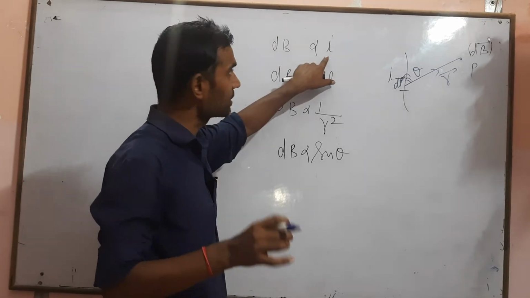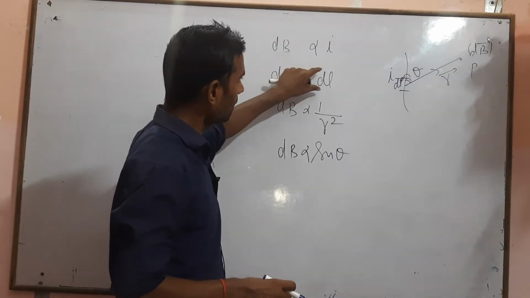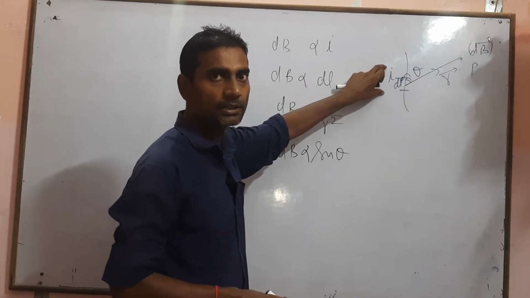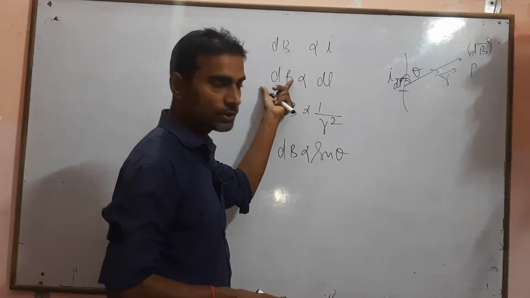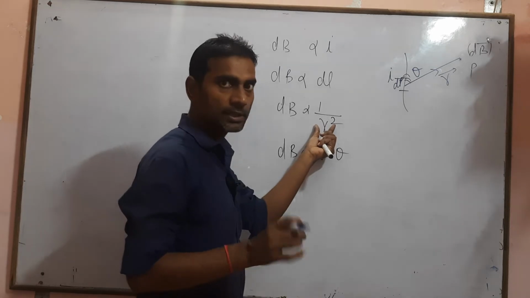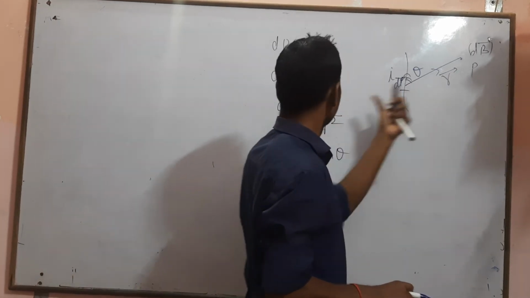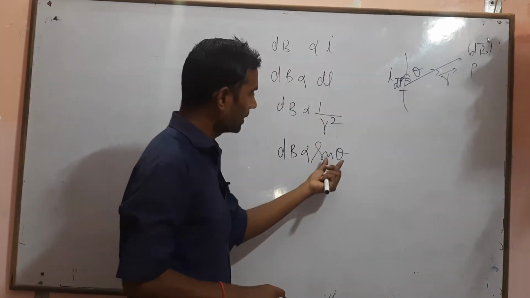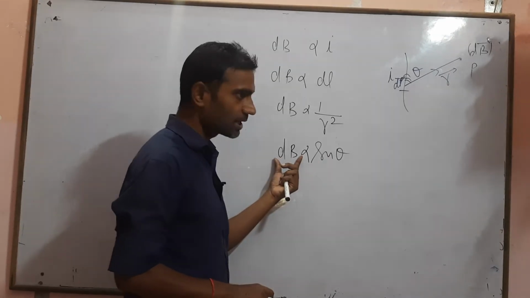If I is increased, then dB is also increased. If the elementary length dl is increased, then dB is also increased. If r is increased, then dB will decrease. If theta is increased, then dB is increased.